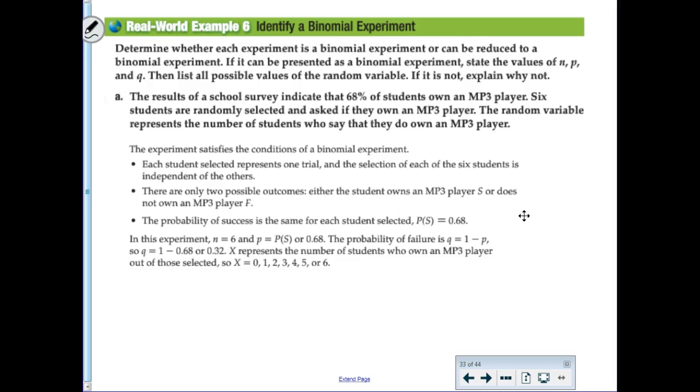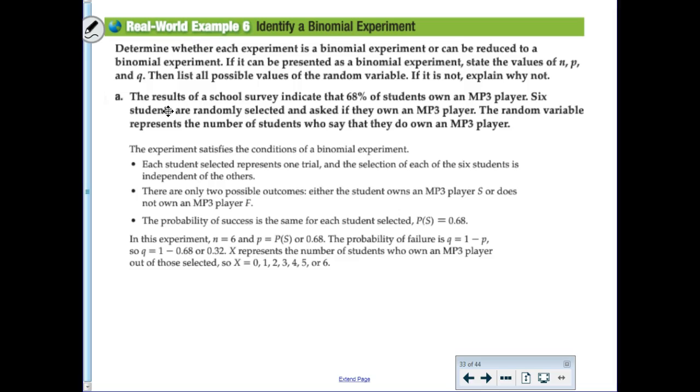So I just want to read through one example with you because it's not going to be a problem for pre-calc students on my test because I'm not going to ask you this, but as you move on in your stats life, it will be very important. This example says the results of a school survey indicated 68% of students own an MP3 player. 6 students are randomly selected and asked if they own an MP3 player.